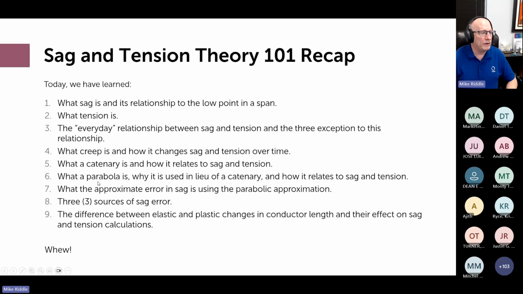We've looked at a parabola and why you might use it in lieu of a catenary. We've looked at the approximate error in sag using this parabola instead of a catenary. We've identified the big three sources of sag error, and we've considered the difference between elastic and plastic changes in a cable's length and how those would affect sag and tension calculations.